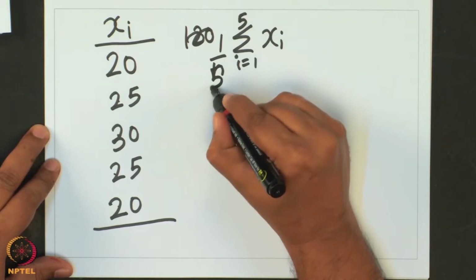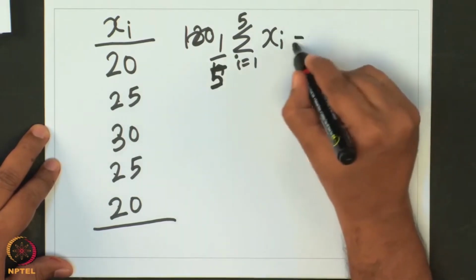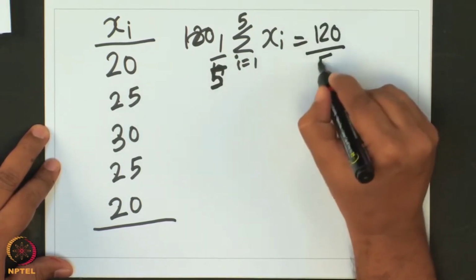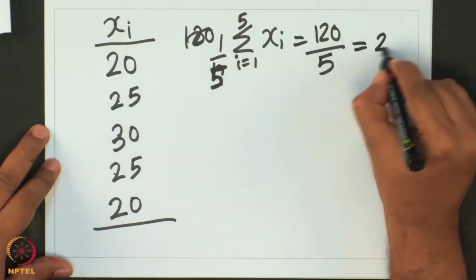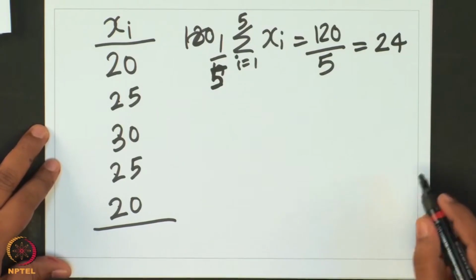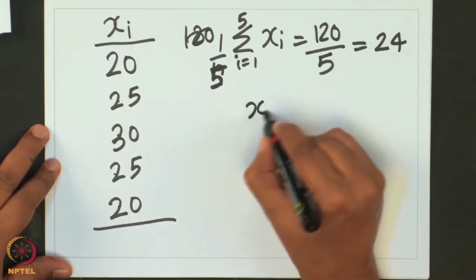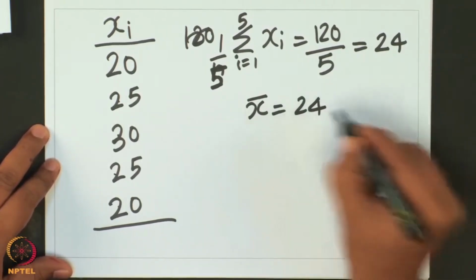So this is 120 divided by 5, which is 24. So the mean x bar is 24.